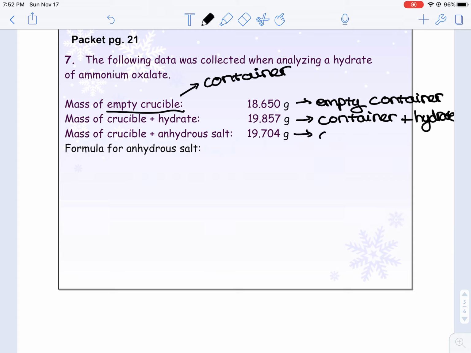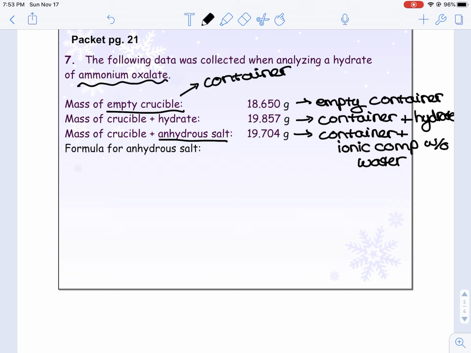And this third number is the container plus the ionic compound without the water. Okay, so the anhydrous salt. So you have to use that data to figure out the beginning mass of just the anhydrous salt and then the beginning mass of the water.